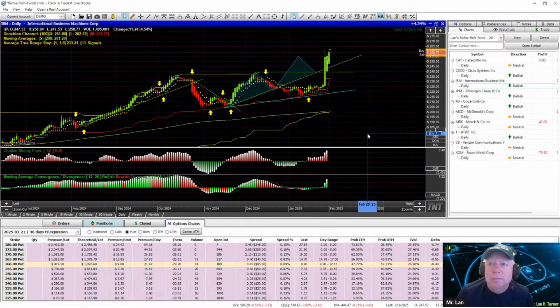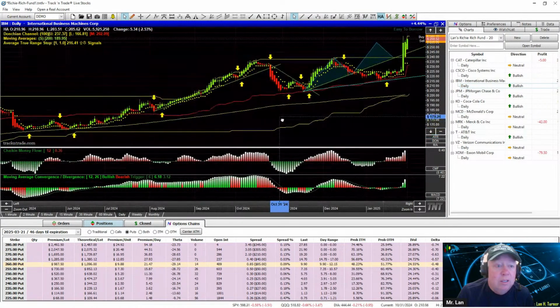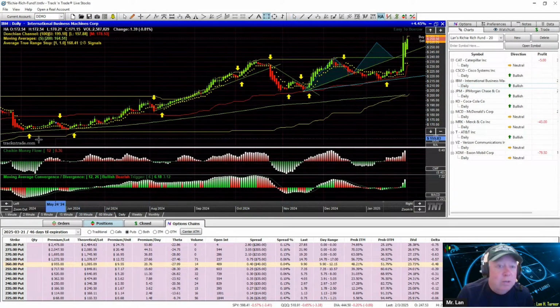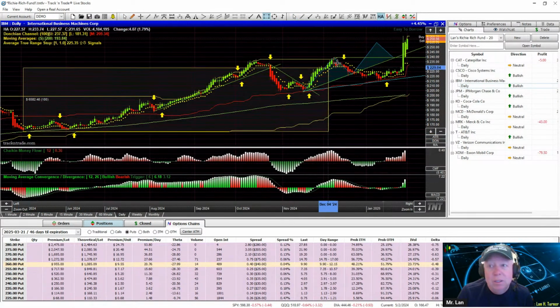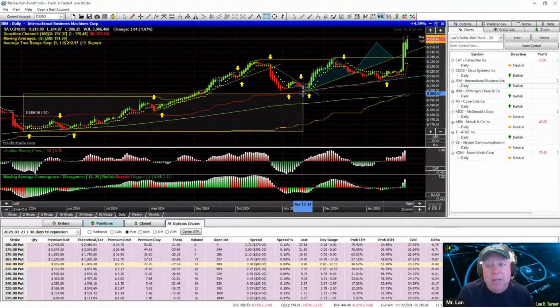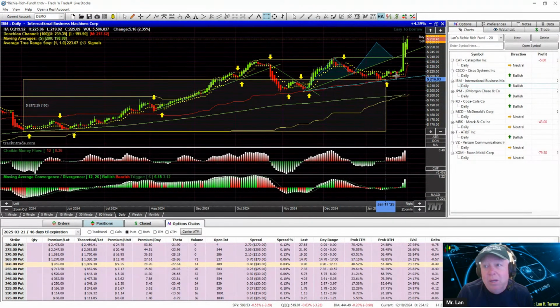Well, the problem with that is we feel like we missed the boat. Kind of don't want to chase a market like that. Just barely broke into that new Darvis box, though, didn't it? Where's the old Darvis box laying? Well, I'd say the old Darvis box was right back here, from here to here. Then it flushed back, gave us the ABC, broke, gave us another ABC.